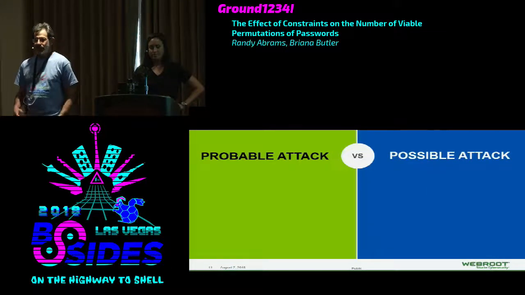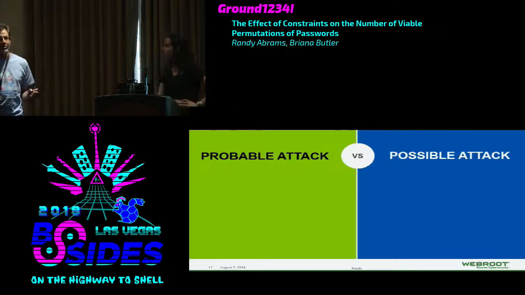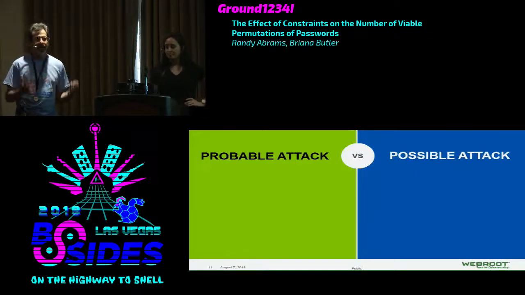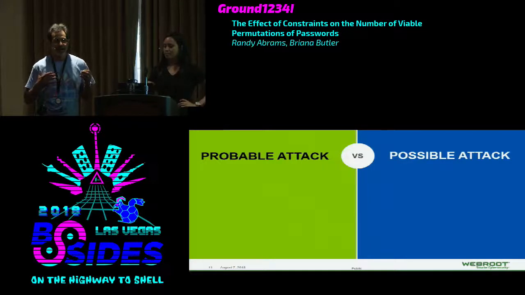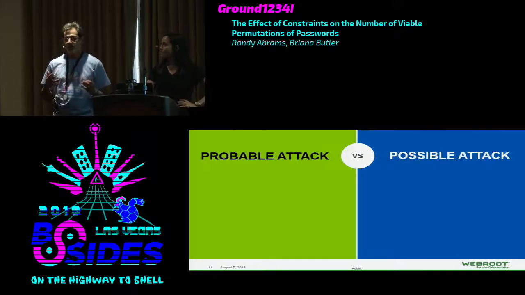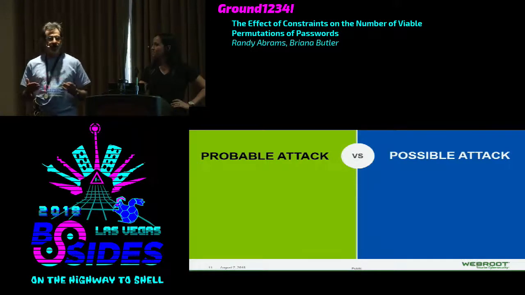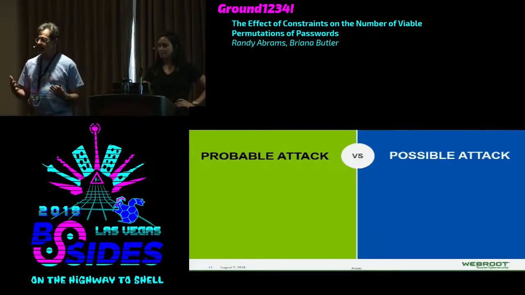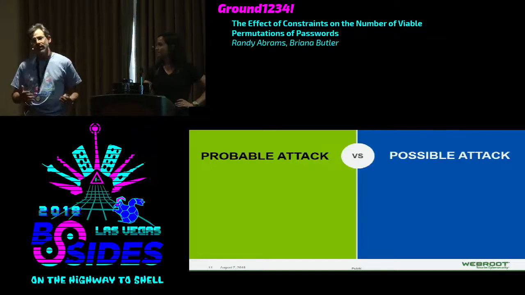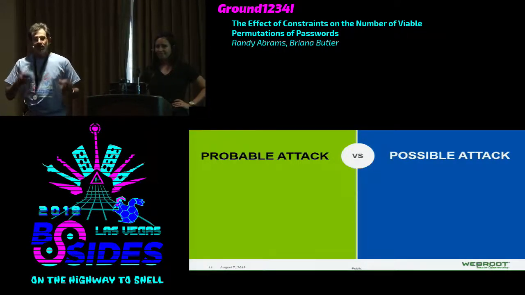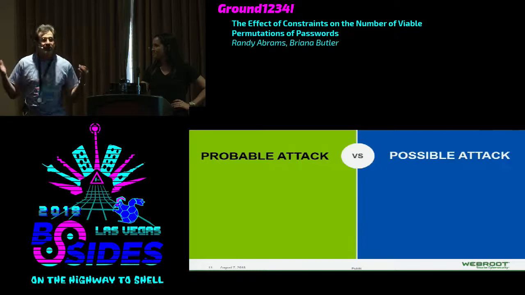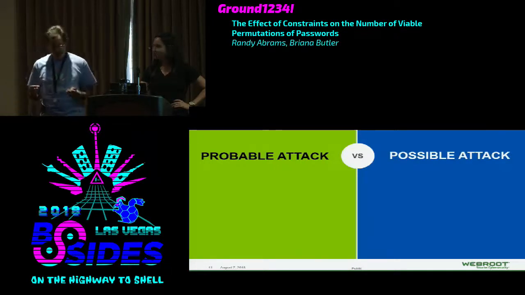All right. So this presentation is really about probability attacks versus possibility attacks. And the genesis of this was kind of a perfect storm for me. I'm always frustrated that I can't use a great passphrase, yet I can use something stupid like cat1dog2!. And it frustrates me.